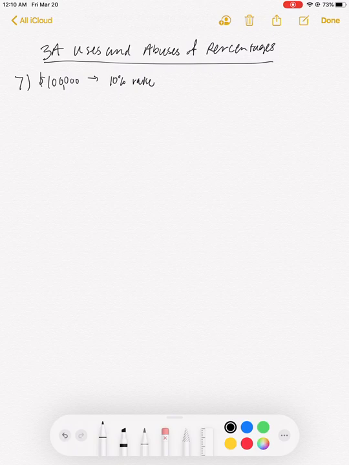And when we do that, we take our $100,000, multiply it by 100 plus 10%, like this. And then we will simplify this by doing $100,000 times 110%.